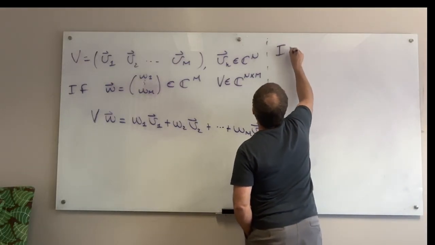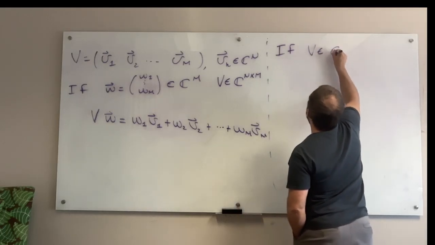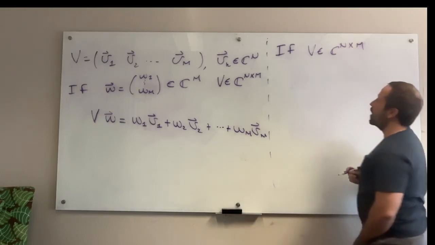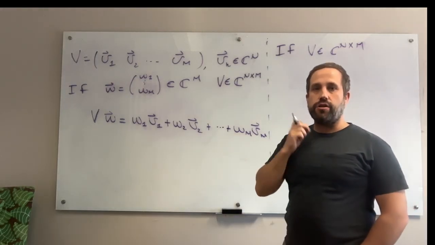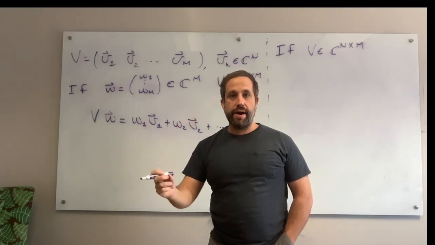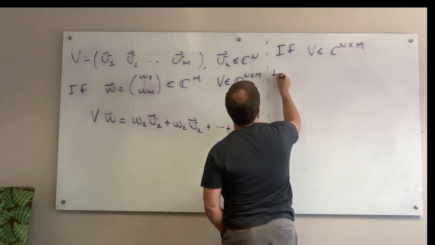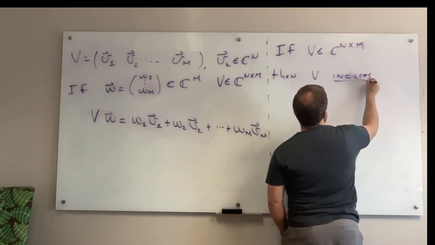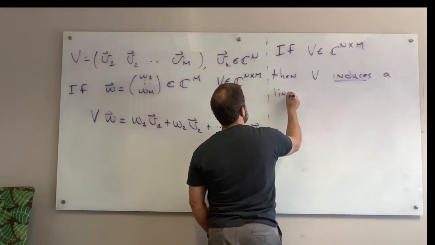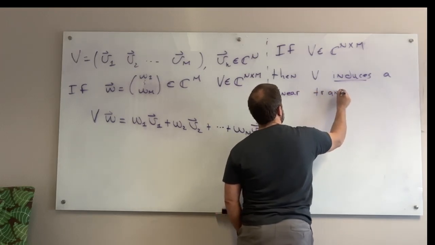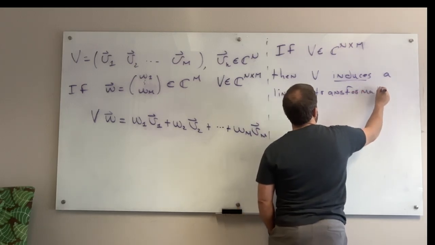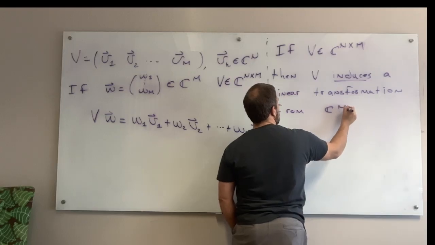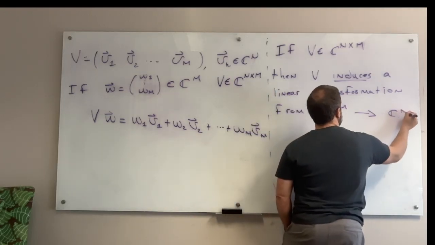If V is a matrix, an n by m matrix, we might say V induces a linear transformation from m-dimensional complex space to n-dimensional complex space.